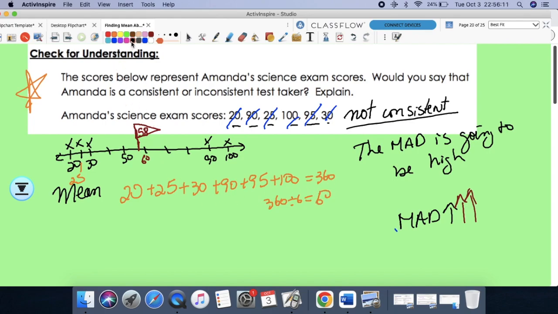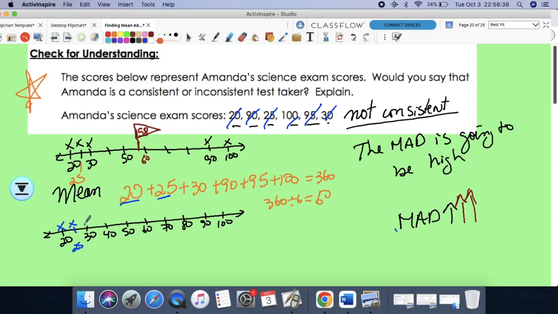I'm gonna draw a number line just to show you. You don't have to do this. This is just to give you an idea. Let's say 20, 30, 40, 50, 60, 70, 80, 90, 100. So we have a 20 right here. We have a 25, and I put it right here.